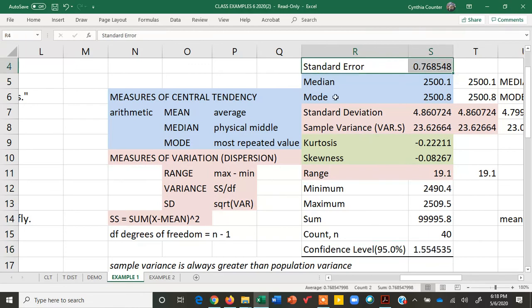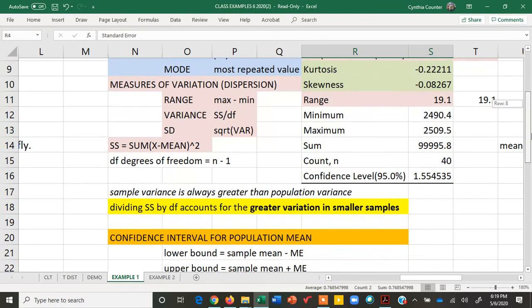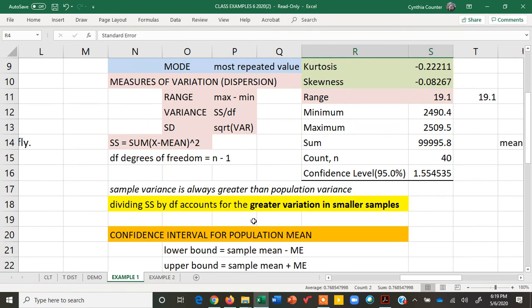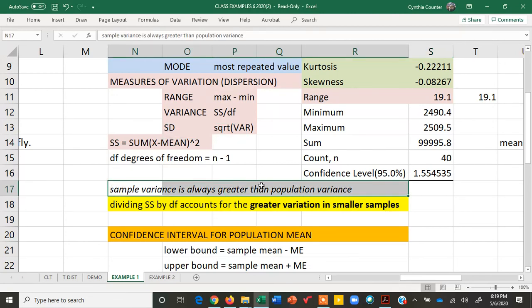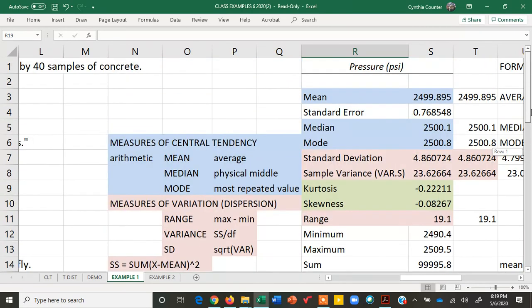We've also talked about the importance of dividing your sum of squares by degrees of freedom to get a sample variance, to take into account the greater variation in smaller samples, so the sample variance will always be greater than the population variance. So make sure you're computing and using sample variance when you are working with sample data.